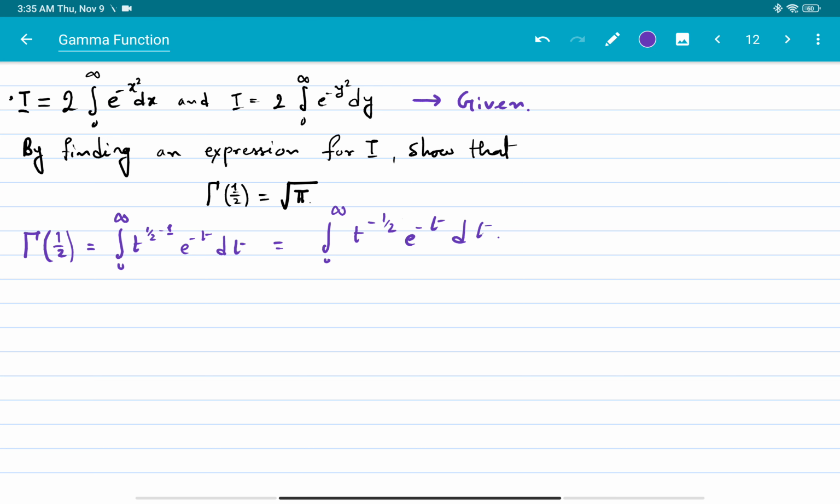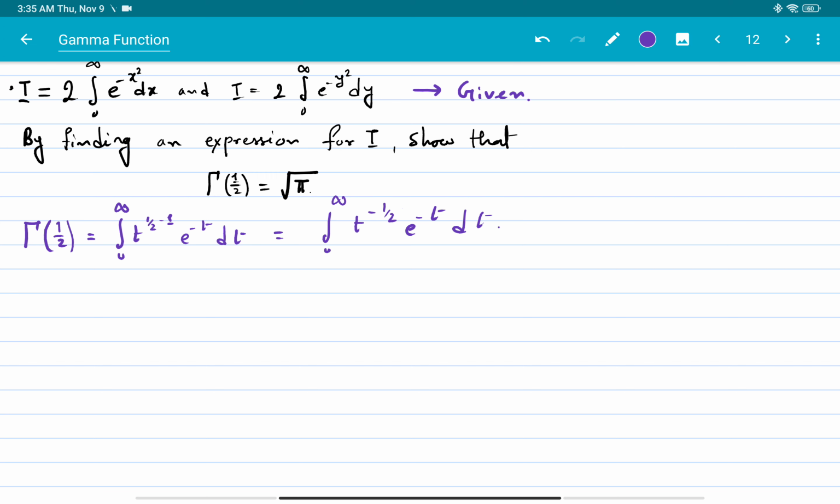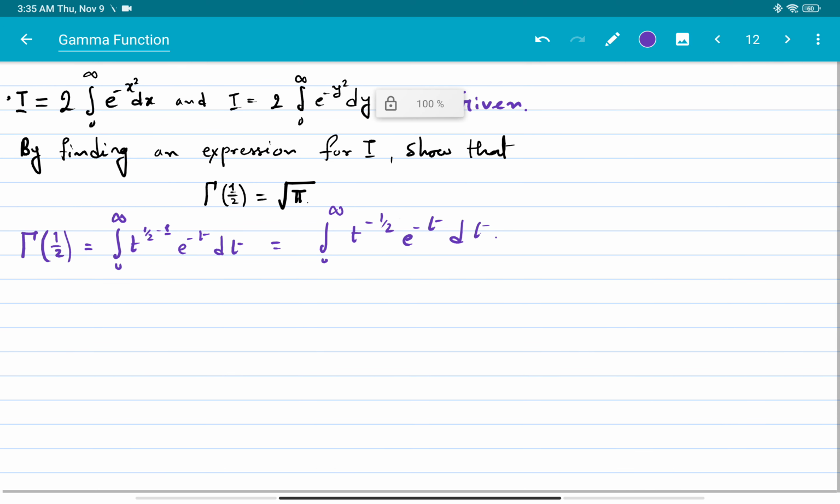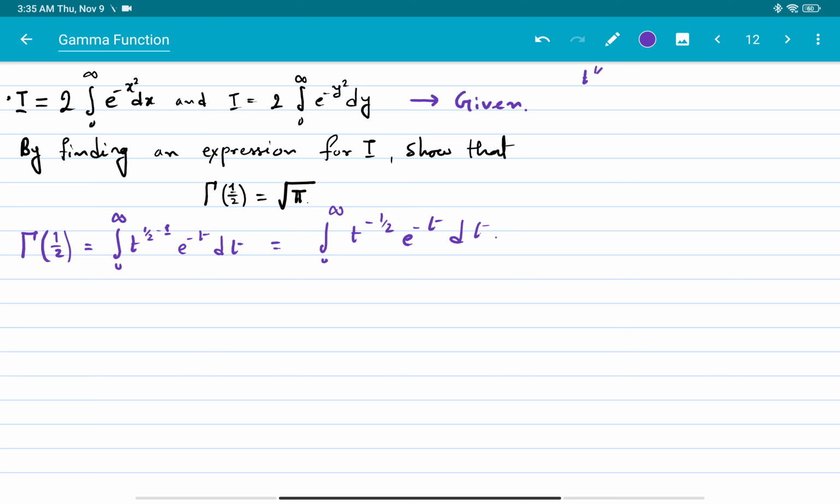By substituting, we write t to the power half equals u, so dt will be 2u du, and the limits will be unchanged in this case.